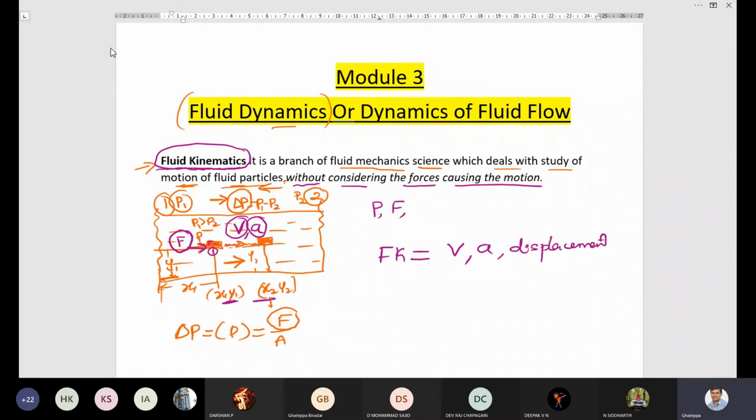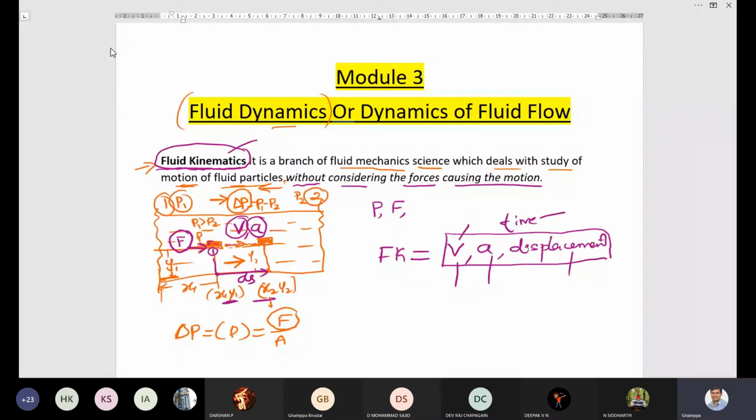Here initially the fluid particle is at one point and moves to another, so it has undergone some displacement, ds. Other than these three, time is also considered, because velocity is in meters per second. So only four parameters are considered in fluid kinematics: velocity, acceleration, displacement, and time.